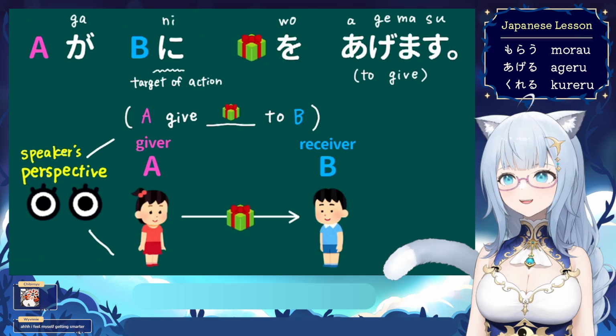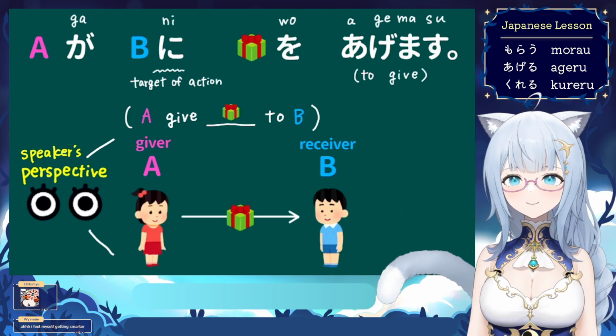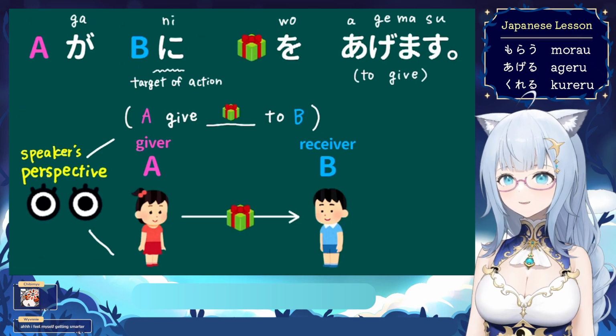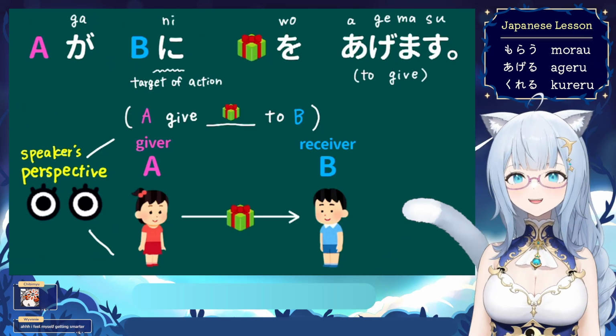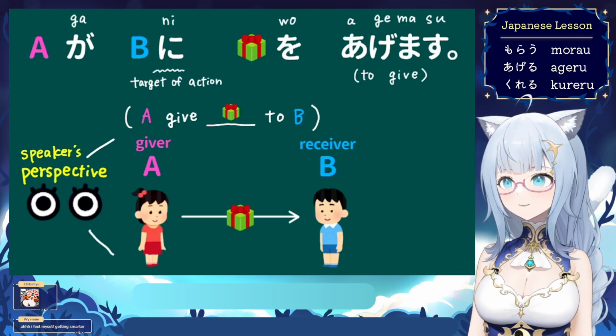It's A が B に何々をあげます。A gives something to B. And in the あげます sentence, the speaker's perspective is the A side, the subject side.